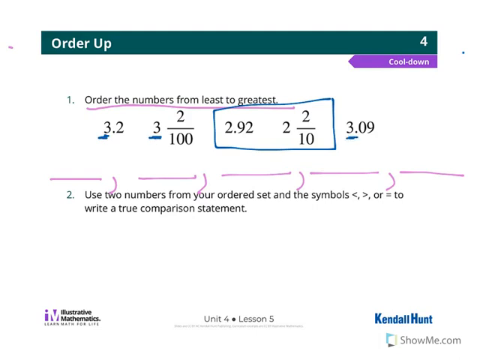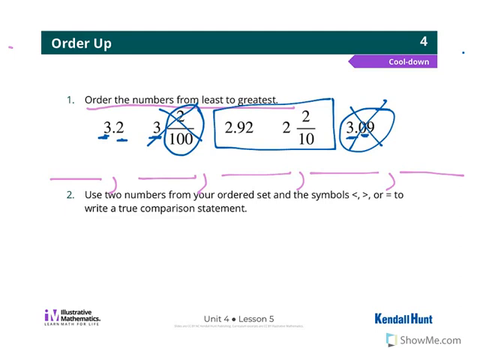So I have to compare tenths. This one has 2 tenths. This one has 2 hundredths, so it doesn't have any tenths. So that one is not the greatest. This one has a 0 in the tenth spot, so it is not the greatest.